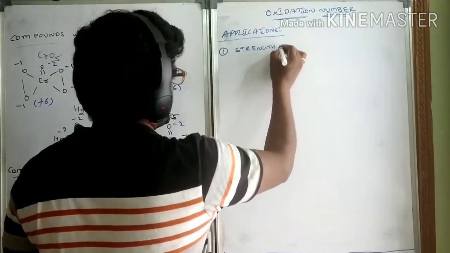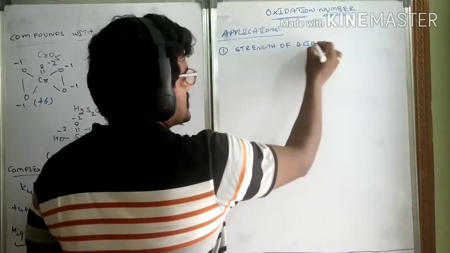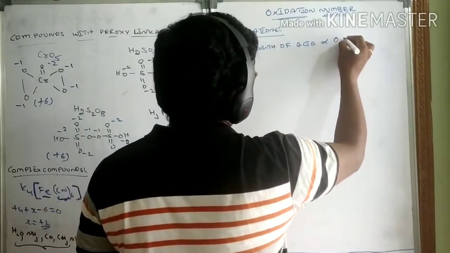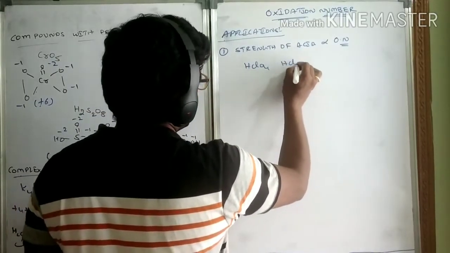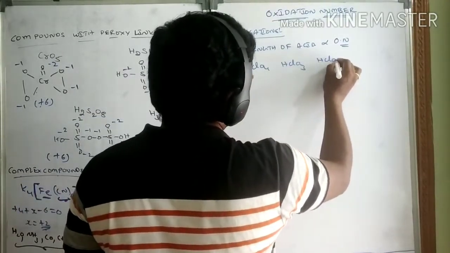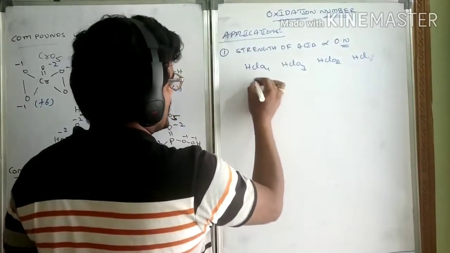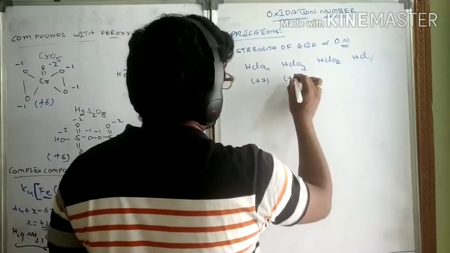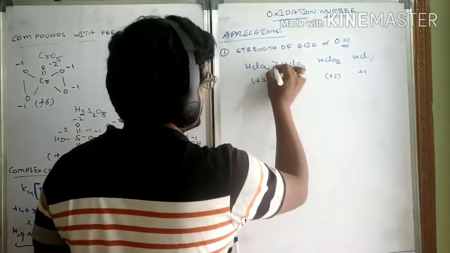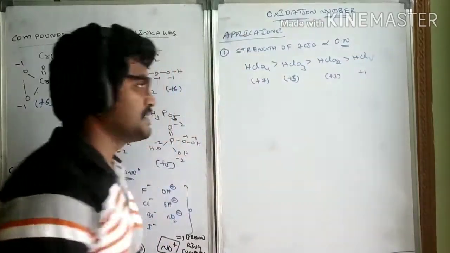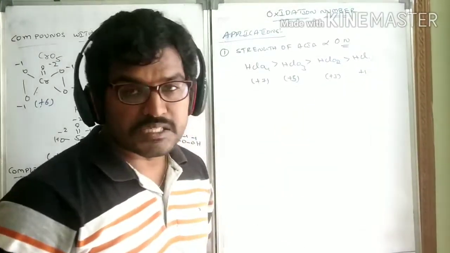Since we know this already, I will explain. Strength of acid is directly proportional to oxidation number. If you take HClO4, HClO3, HClO2 and HClO, the oxidation states are plus 7, plus 5, plus 3 and plus 1. That's why HClO4 is more acidic than HClO3, greater than HClO2, greater than HClO.